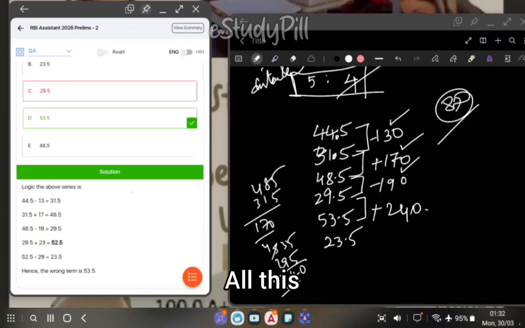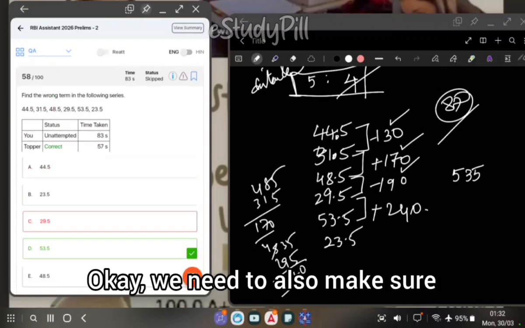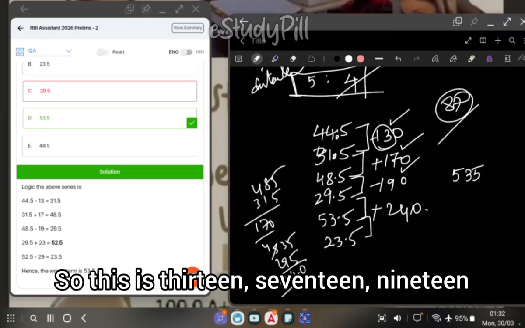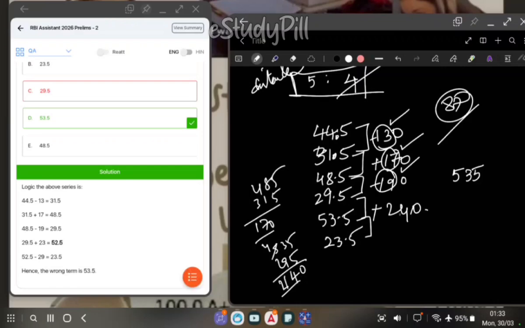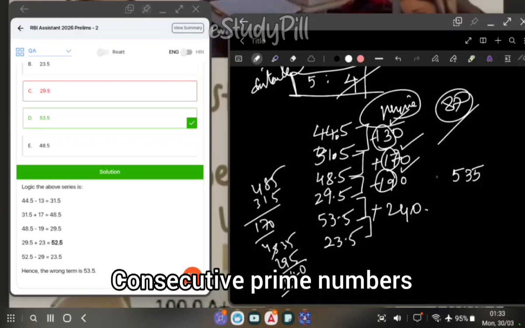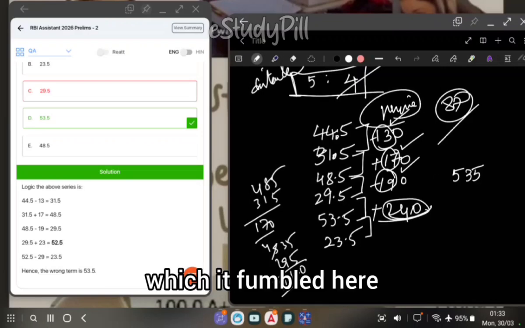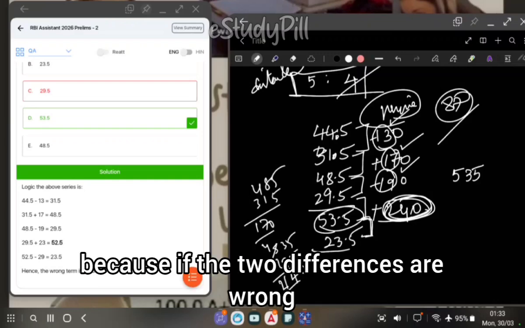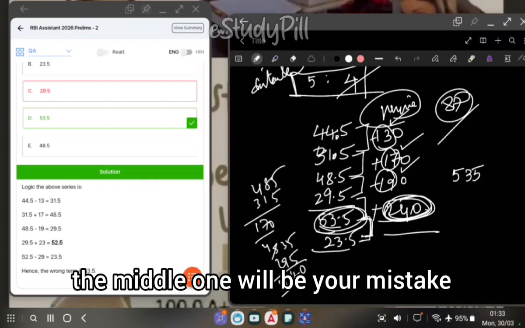We also need to make sure this is a wrong number series. So this is 13, 17, 19. These are all consecutive prime numbers, which it fumbled here. If the two differences are wrong, the middle one will be your mistake.